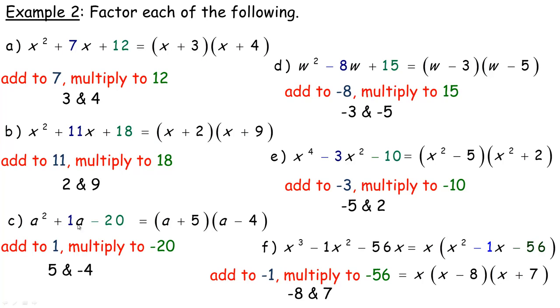So especially when you see something like that, and this is a fairly big number, it was -56 in that one there, then what you're looking for is numbers that are very close to being opposites. 56 and 20 aren't perfect squares, but you're looking for two numbers that are close to being the same number but opposites of each other, like 5 and negative 4 or negative 8 and 7. So if you have a sum that's really close to 0, that's the kind of thing that happens.